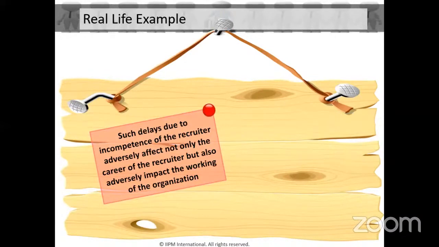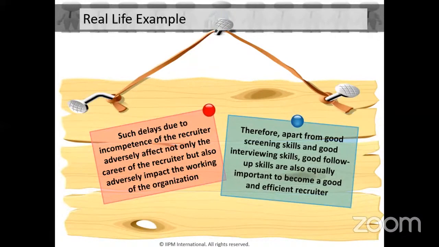Such delays due to incompetence of the recruiter adversely affect not only the career of the recruiter, but also adversely impact the working of the organization. Therefore, apart from good screening skills and good interviewing skills, good follow-up skills are equally important to become a good and efficient recruiter. All right?